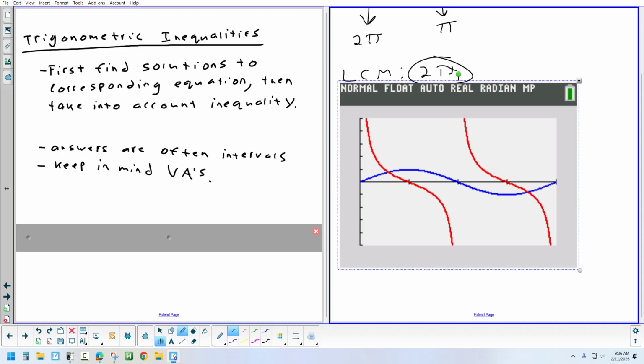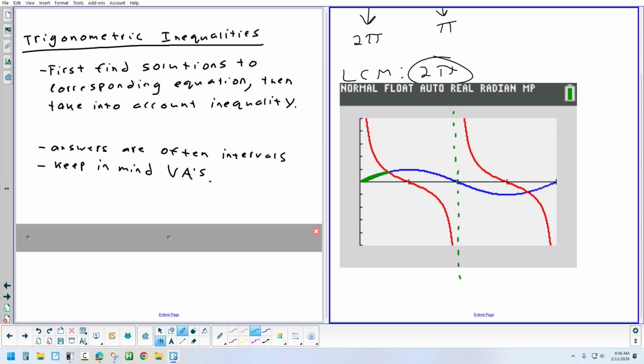Yes, it does go under the cotangent at different points. So it's under from here to here. Now remember what's happening here. That's a vertical asymptote.